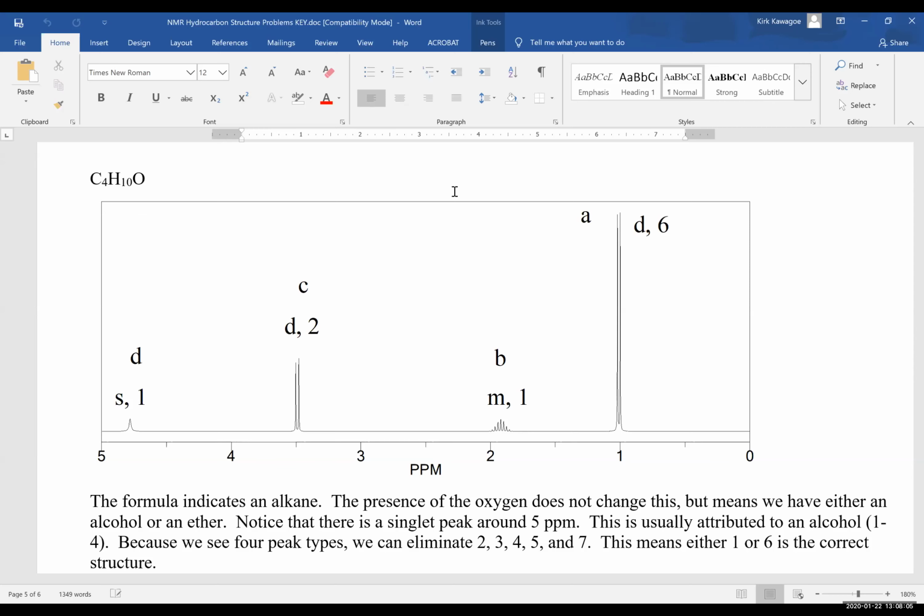The hydrogen on the oxygen, we talked about this in class, doesn't count. It doesn't couple often. So this structure doesn't satisfy the appearance of the doublet that's here. Even though it's 2 hydrogens, it doesn't have the right number of peaks.